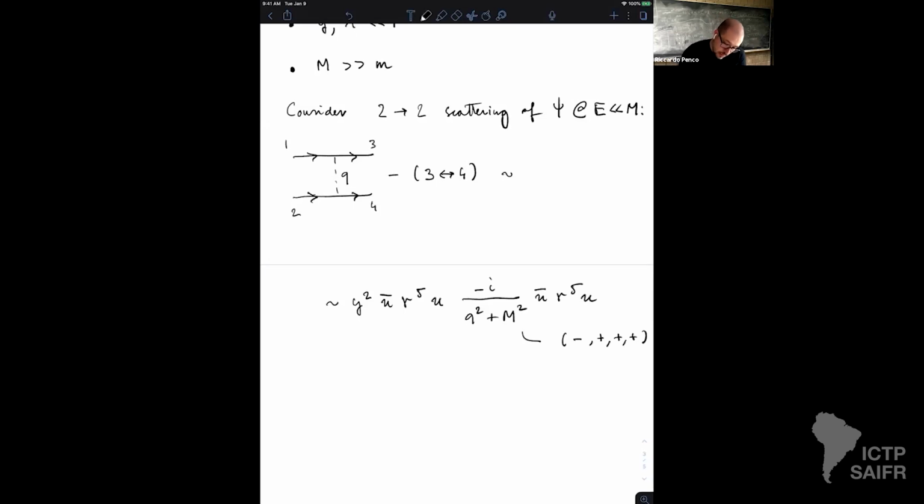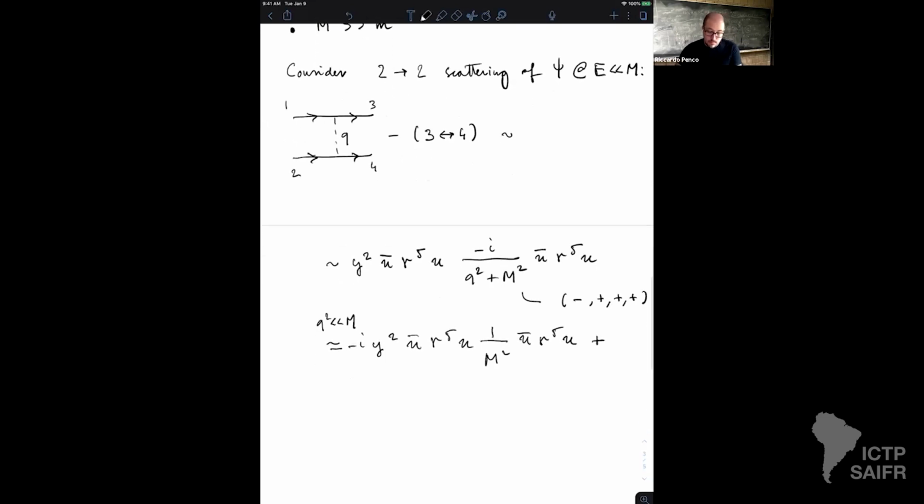So if our fermions have energies much smaller than the mass of the scalar mediator, then generically the magnitude of Q must also be much smaller than capital M. And this means that in a first approximation, I can write this amplitude as U bar gamma 5 U, 1 over M squared, U bar gamma 5 U, okay?